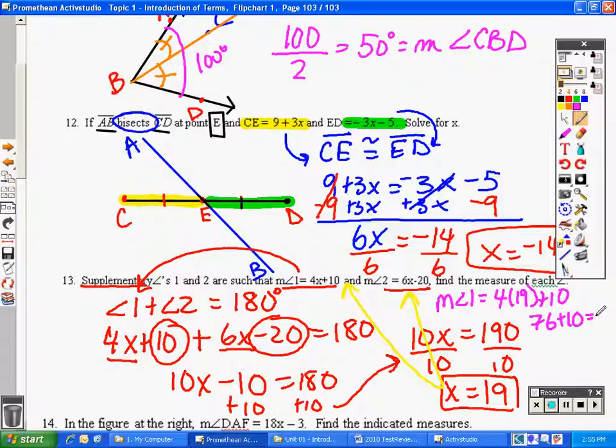And 76 plus 10 is 86 degrees. All right, you are very welcome to plug x equals 19 back into angle 2. However, since we know that this is 86 degrees and they add up to 180, that makes measure of angle 2 equal to 94 degrees. So those are our two answers.